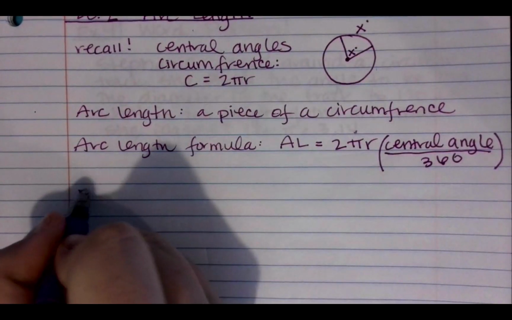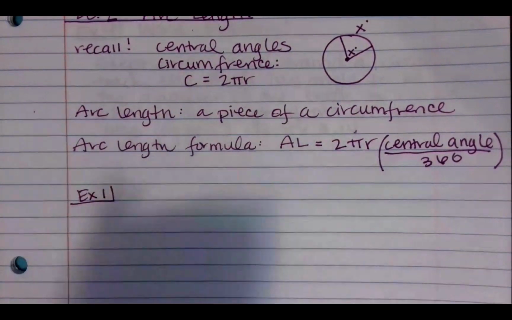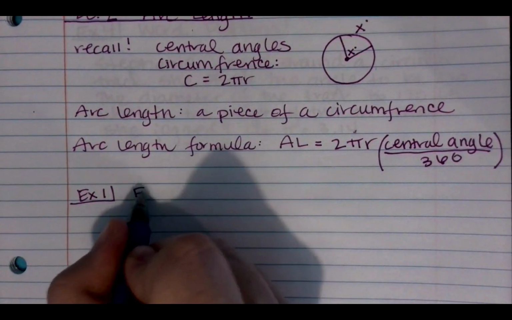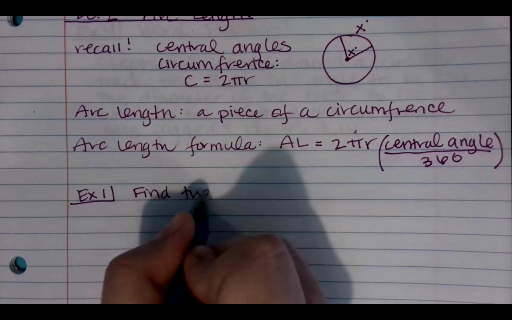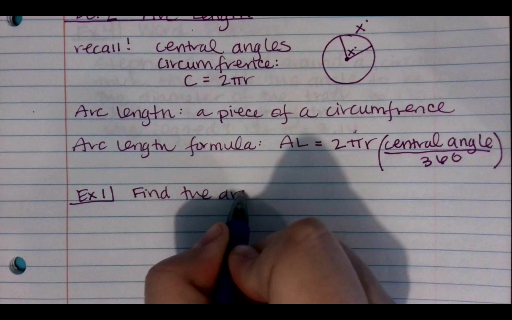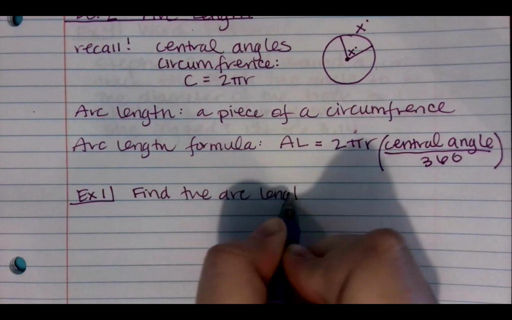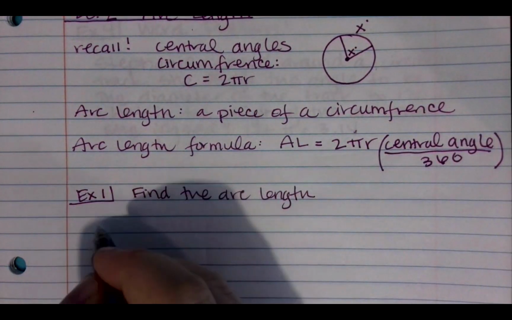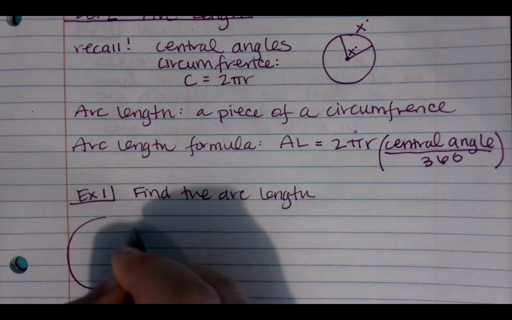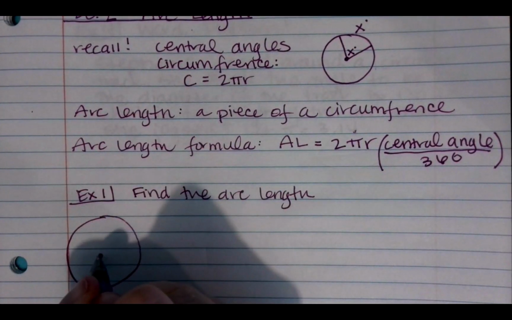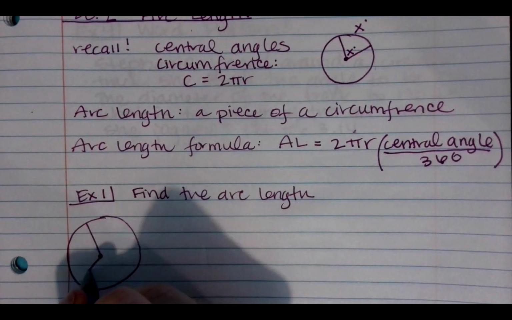Here's example 1. And the directions are just going to be to find the arc length. So we've got to give ourselves a circle and a central angle somewhere in there.